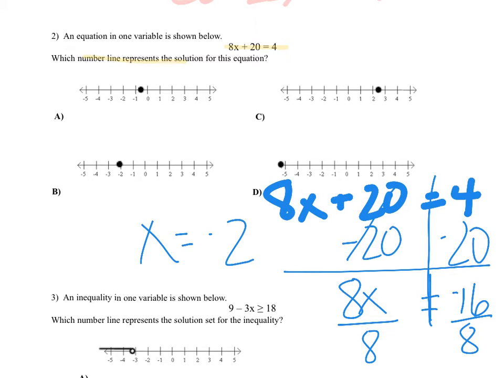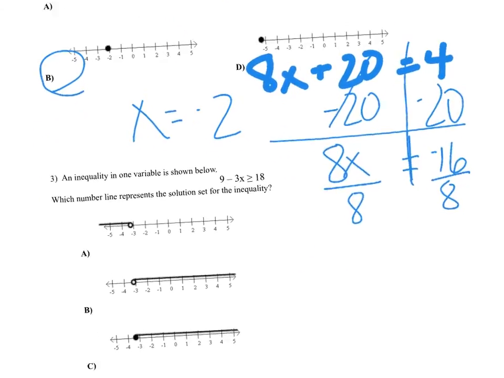Okay, so we should have a closed dot because it's equal to on negative 2. And it doesn't look like they line up, but it looks pretty good, so B is going to be our answer choice.